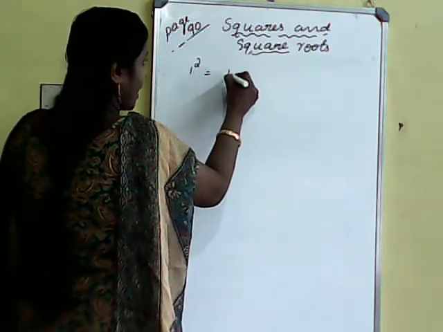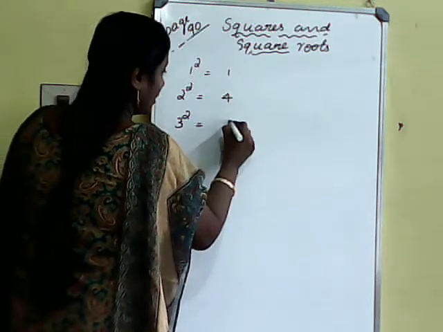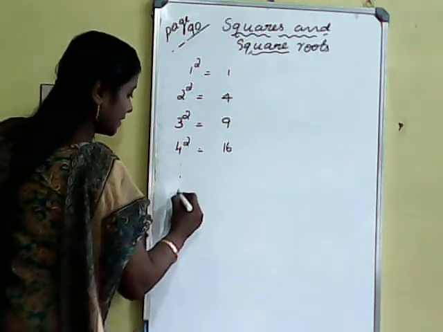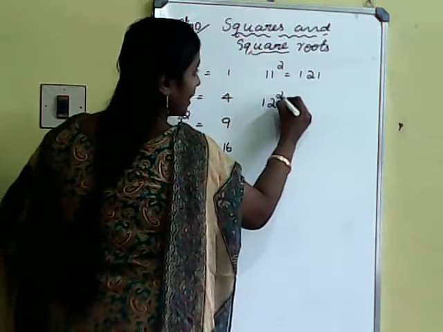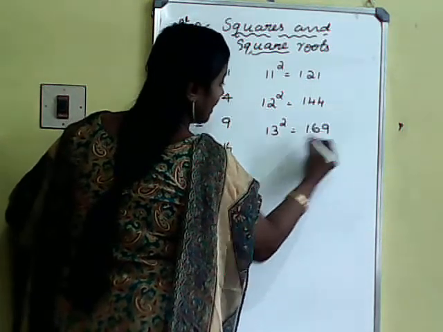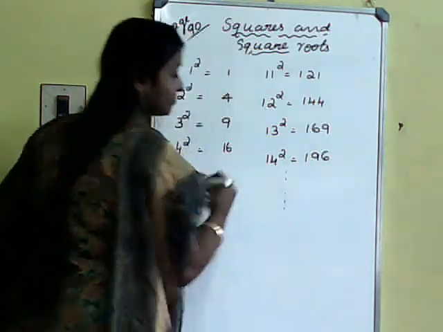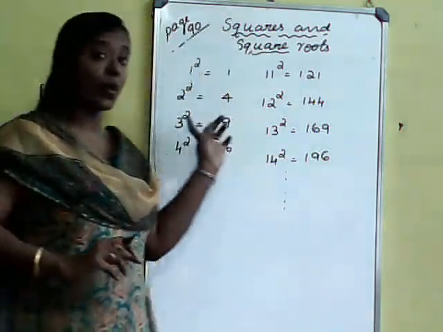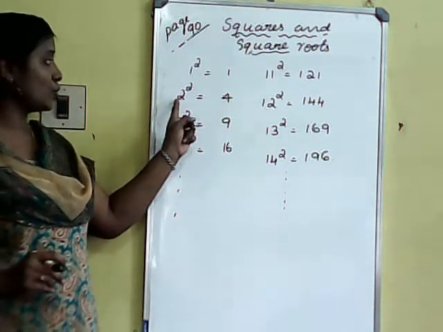1 square 1. 2 square 4. 3 square 9. 4 square 16. Okay, etc. Next one. 11 square 121. 12 square 144. 13 square 169. 14 square 196, etc. So the third property is that the square of an even number is always an even number. 2 is an even number.